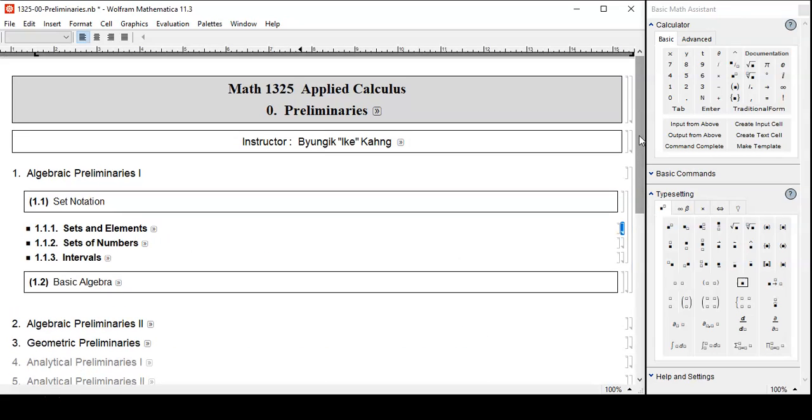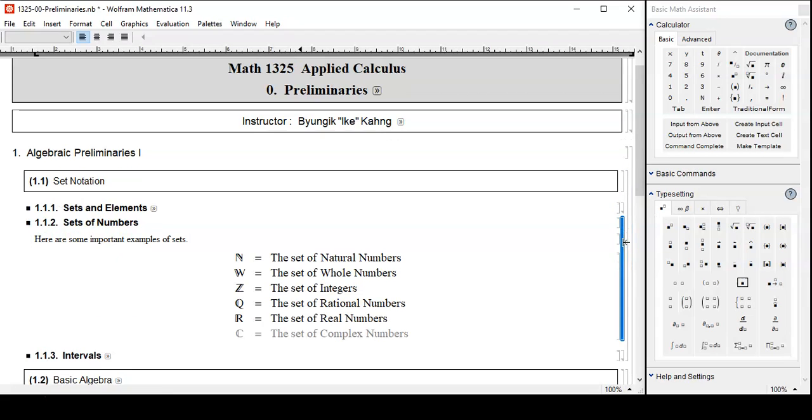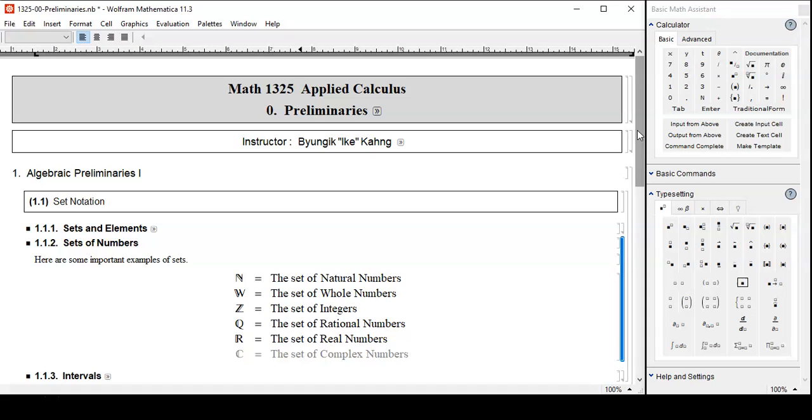Now, another expression that everybody has to become familiar with is a set of numbers. We use these expressions, N, W, Z, Q, R, C, in the double-stroke font. The set of natural numbers, also known as the set of positive integers: 1, 2, 3, 4, 5, 6, and so on.